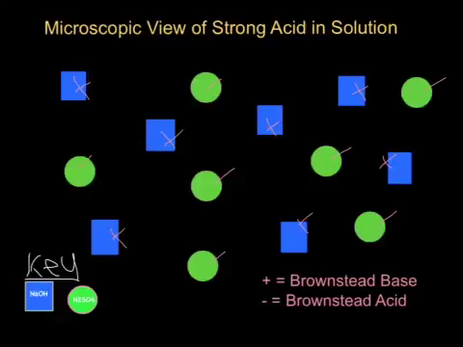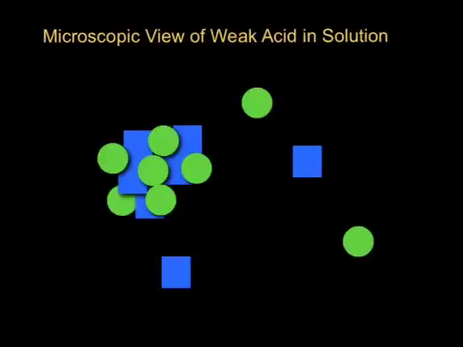This basically represents the microscopic view of strong acid solution because the acid completely dissolves and the molecules are no longer together. On the other hand, this is the microscopic view of a weak acid in the solution. All of the molecules are together and there are the same number of NaOHs as there are of H2SO4.